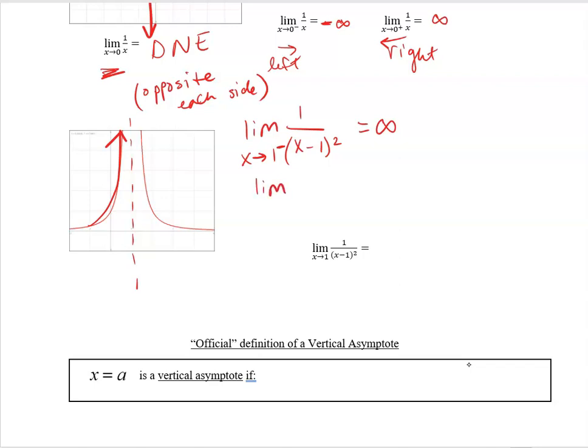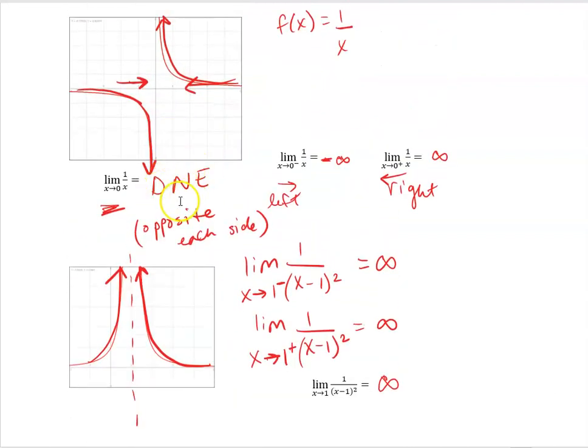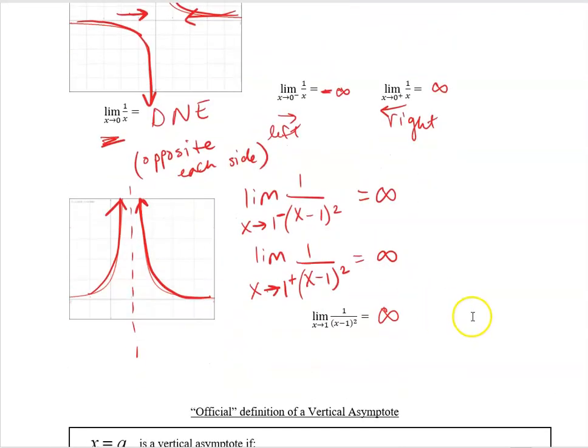And if I said, what is the limit of this same function as x approaches 1 coming from the right, notice it's the same thing. It still goes to infinity. So because those limits are the same, the overall limit would be infinity. If they are opposite, though, we still say DNE, just like we did in that last example.